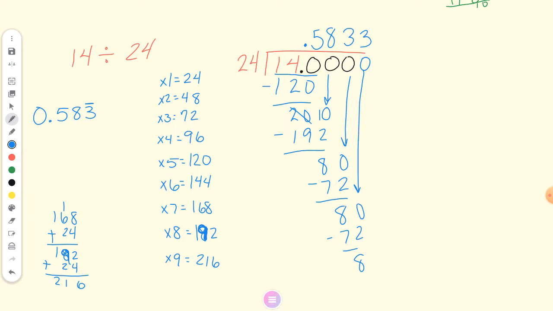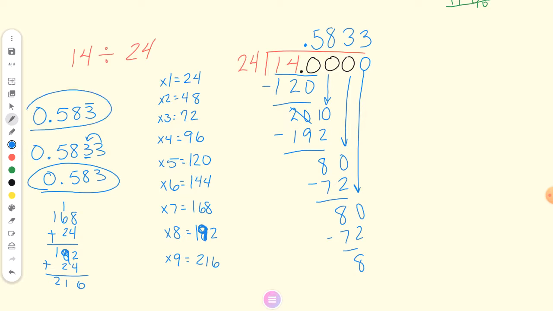Or again, we're just starting out, so if you gave me this answer and said, hey, I'm going to round to 3 places, so 0.583, that's okay too. But this is the exact answer, and this is the estimate. Okay, are they both okay?